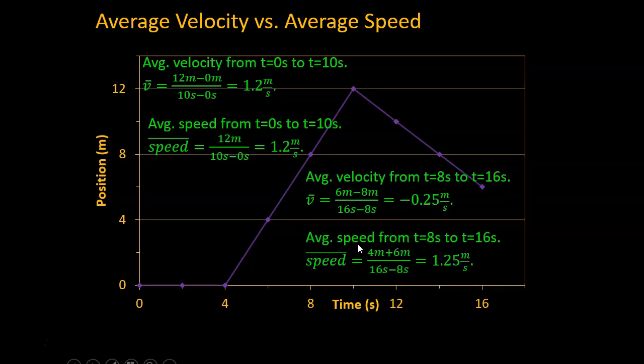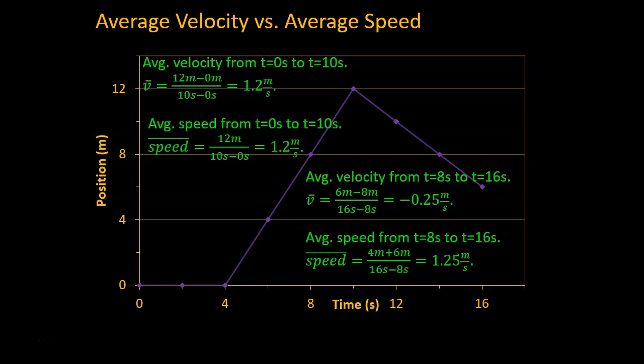Now let's take a look at the average speed. Well, the average speed is the path length, and notice our path length from 8 seconds to 16 seconds was 4 meters plus 6 meters for a total of 10 meters path length, and we're dividing it by an elapsed time of 8 seconds, and we have an average speed of 1.25 meters per second.